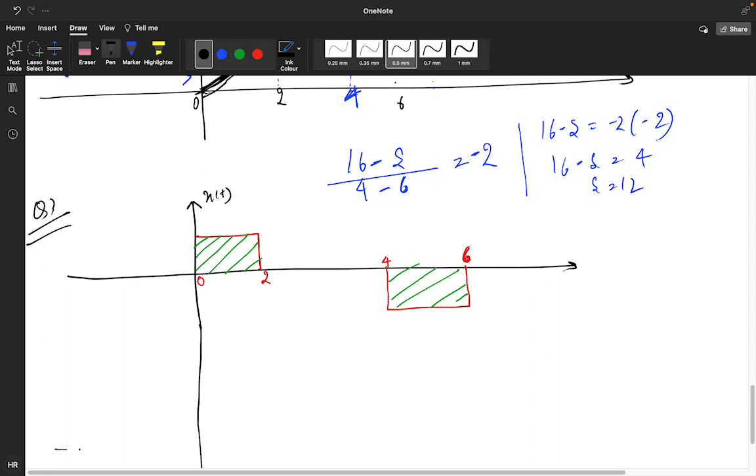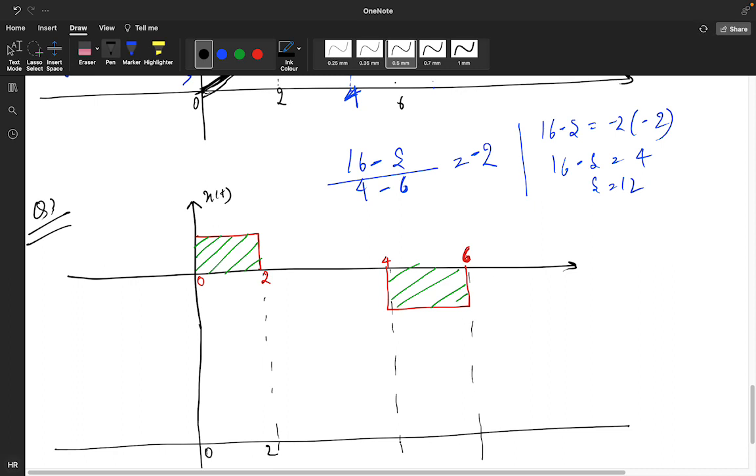We need to integrate this. So I'm assuming this is my 0 point, this is my 2 point, this is my 4th point, this is my 6th point. So what will be the equation of this x of t? So this value they had given 2 and this value they had given minus 2. So plus 2, so 2u of t, minus 2, so minus 2u of t minus 2.